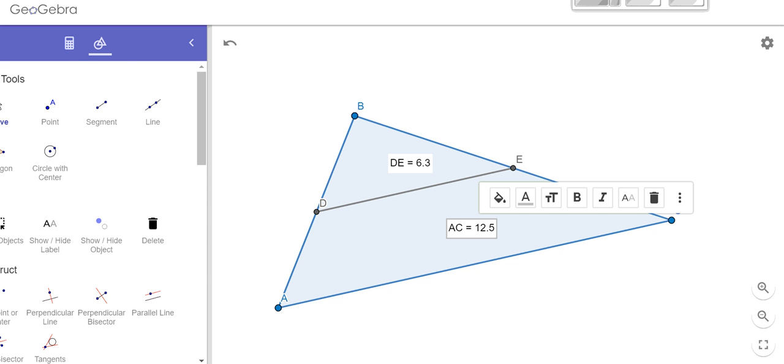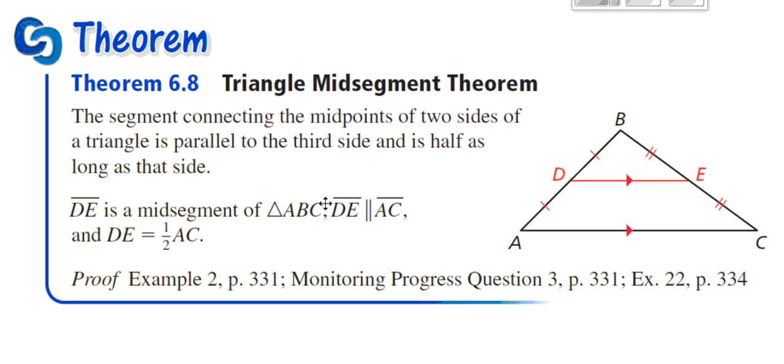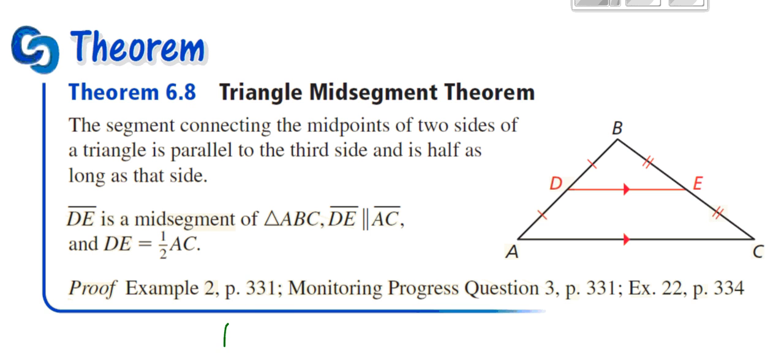So how can we use that to solve some problems? Here's the midsegment theorem stating that DE is equal to half of AC. Sometimes it'll be useful to write this as, instead of saying DE is equal to 1/2 AC, I can say that 2 times DE is equal to AC.